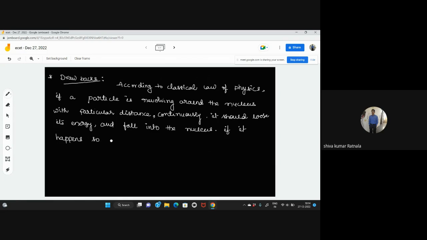If it happens so, atoms should collapse.